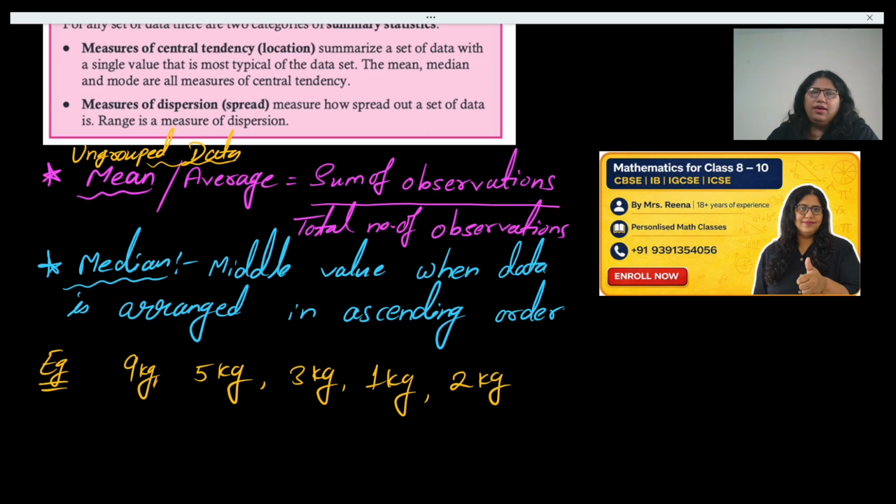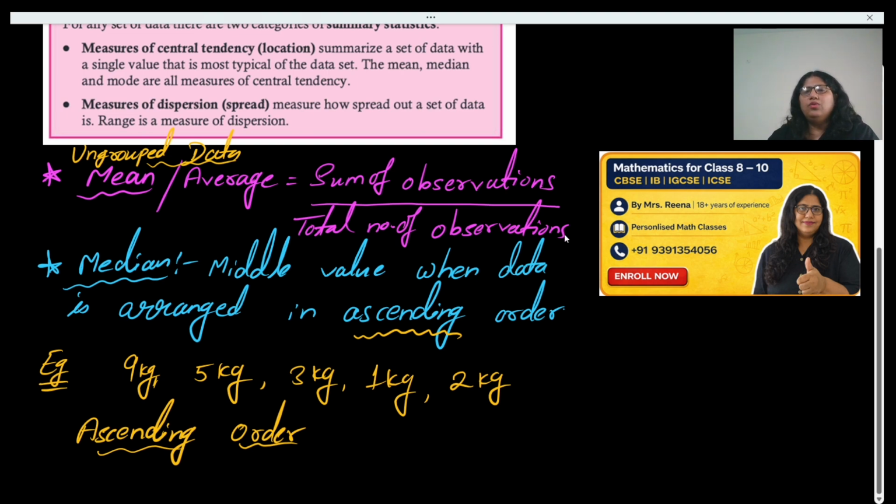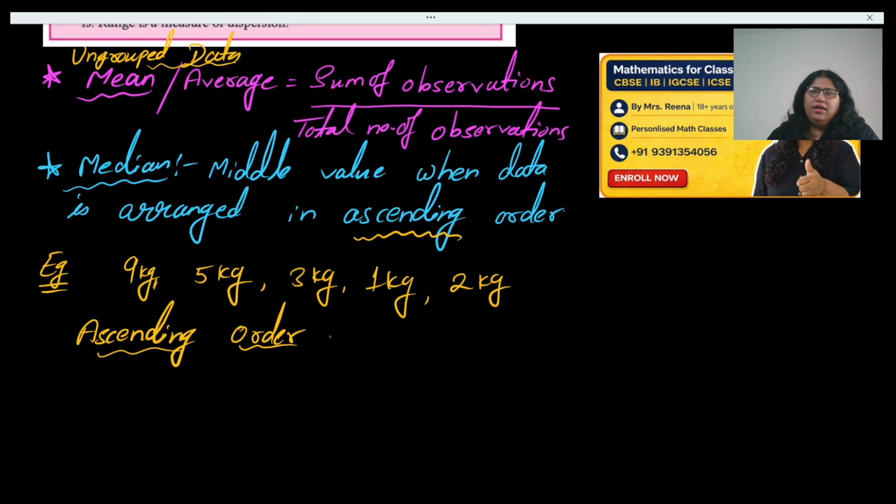First, the data must be arranged in ascending order. Whenever you need to calculate the median, you put the data in ascending order. It's a very simple example, so you will understand, then you can apply this to any kind of data. What will be the ascending order? The minimum weight is 1 kg, then 2 kg, then 3 kg, then 5 kg, and then 9 kg.